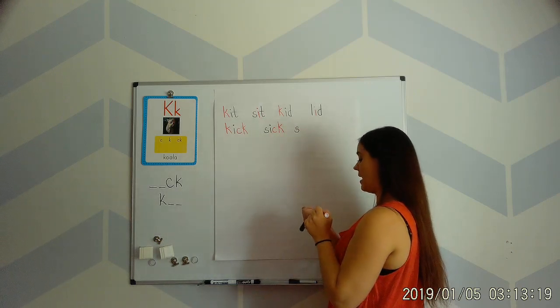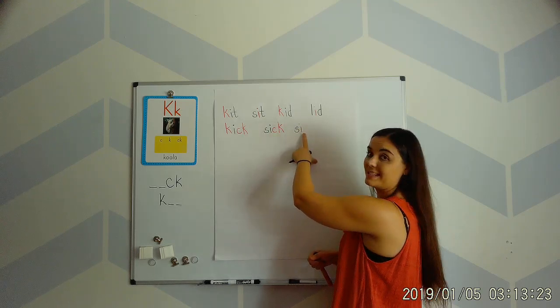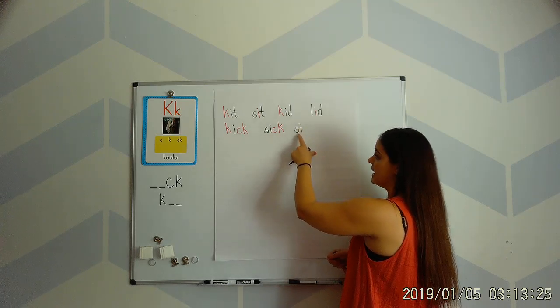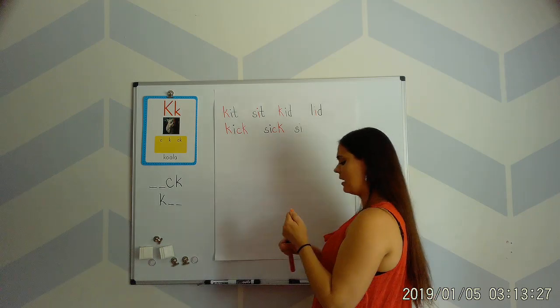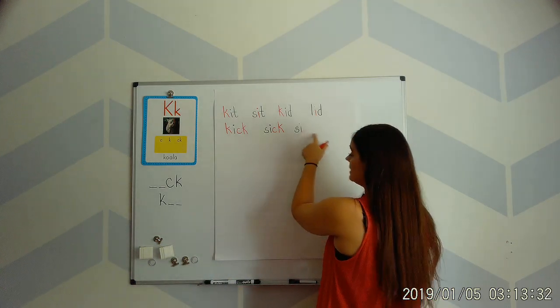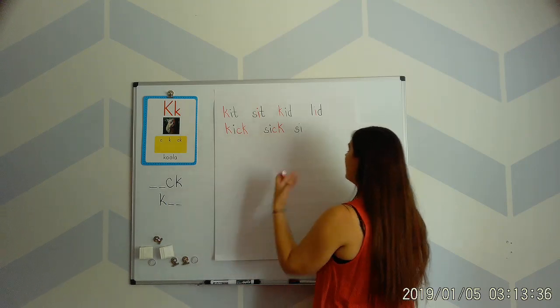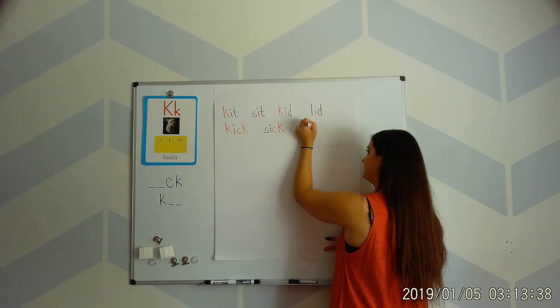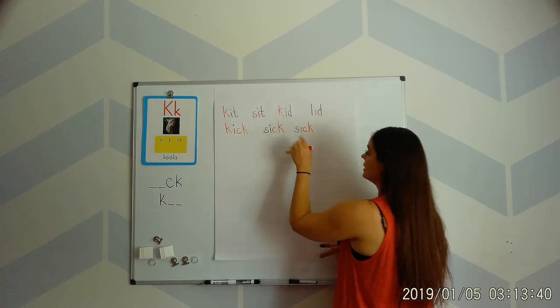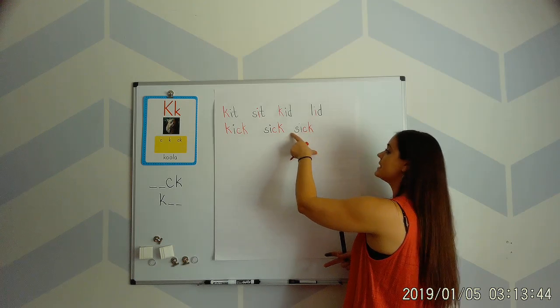It's going to be an A, because A says a. And then ka. So how do you think we're going to spell that ka if it's at the end of the word? Go ahead and shout it out. CK. So let's blend. S, a, k, sack.